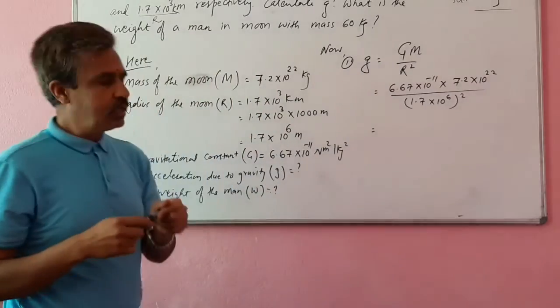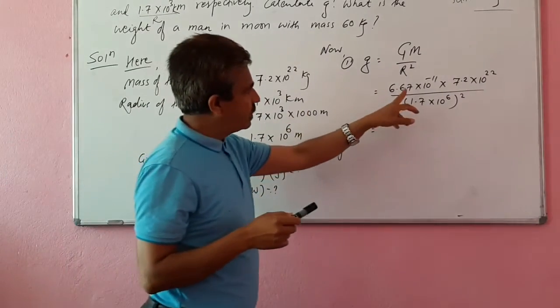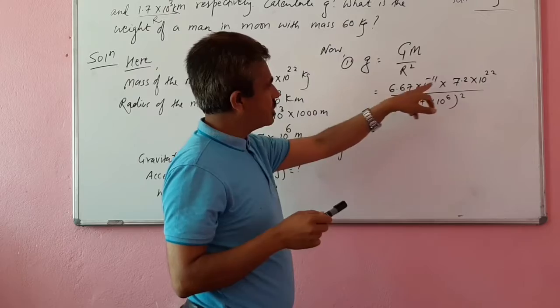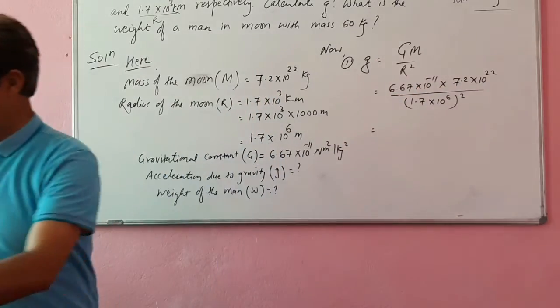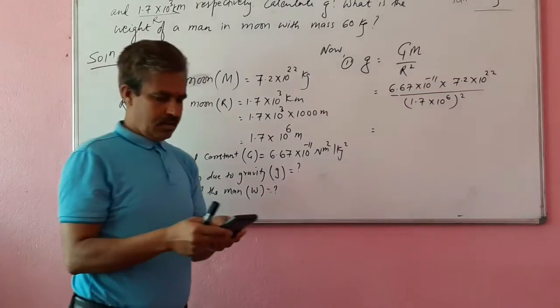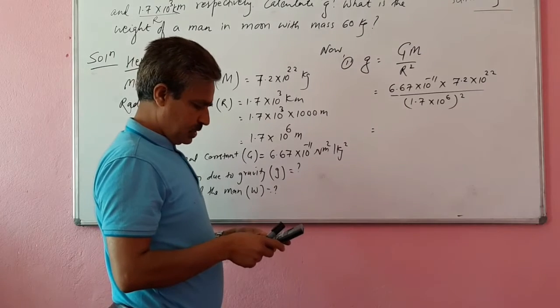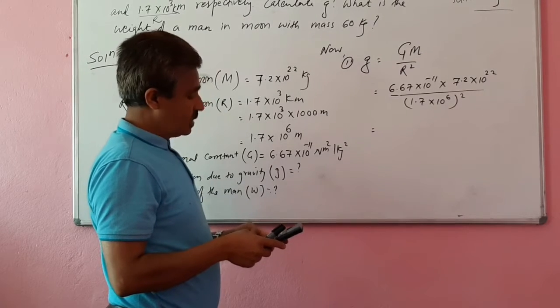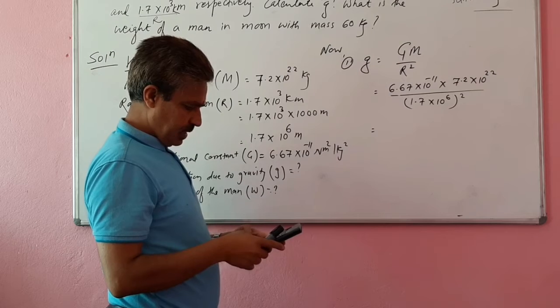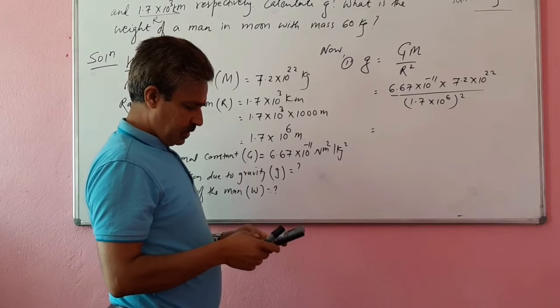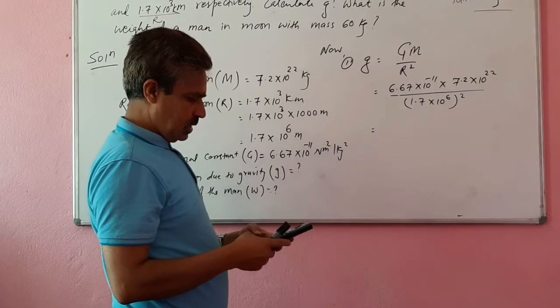As I said earlier, we have to multiply the whole numbers 6.67 and 7.2. Let's multiply. 6.67 multiplied by 7.2.